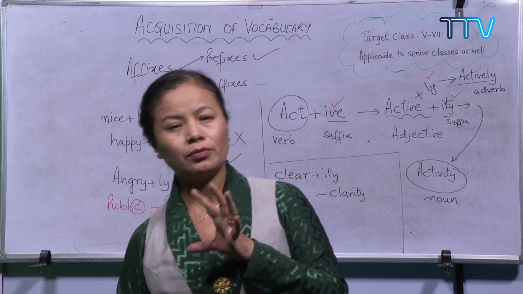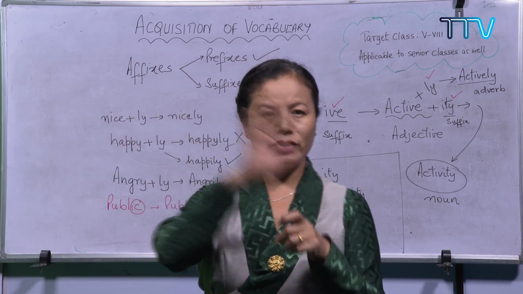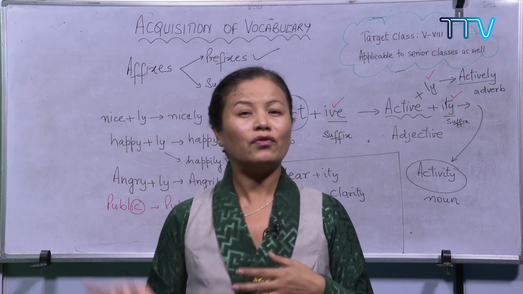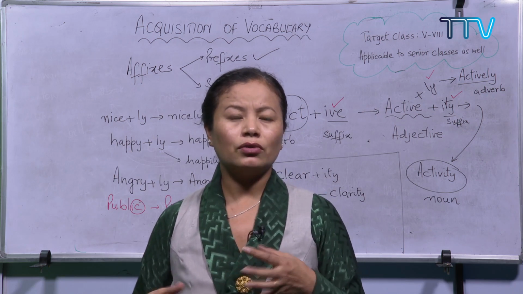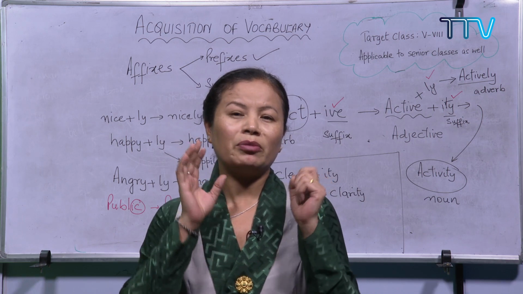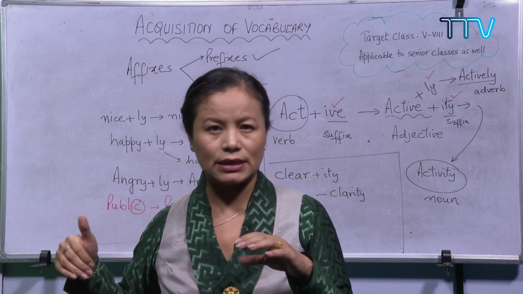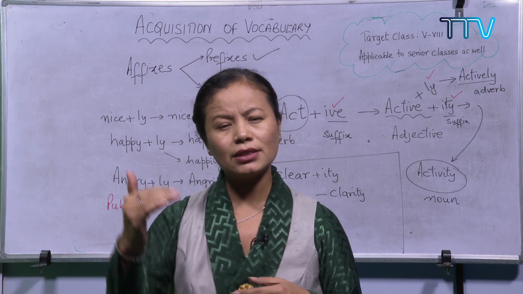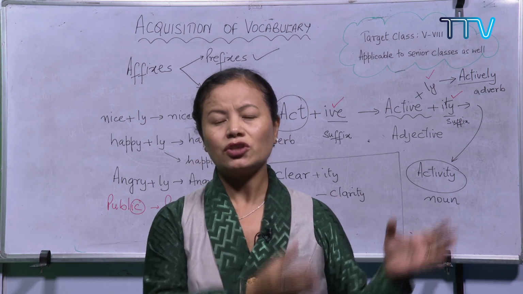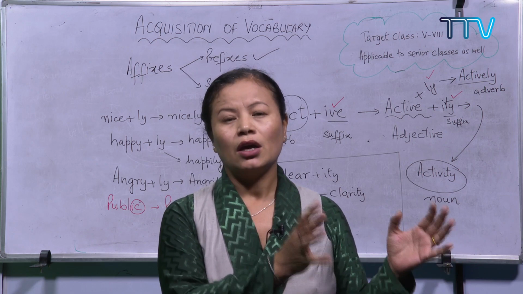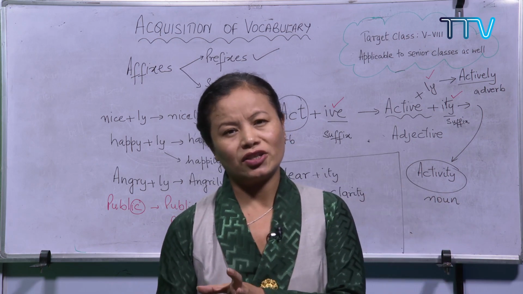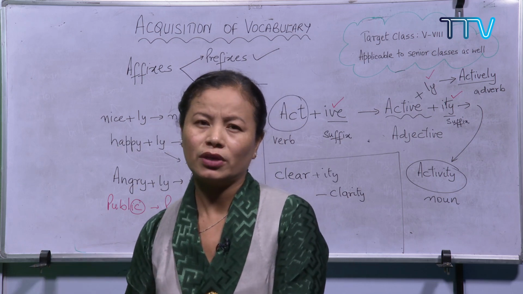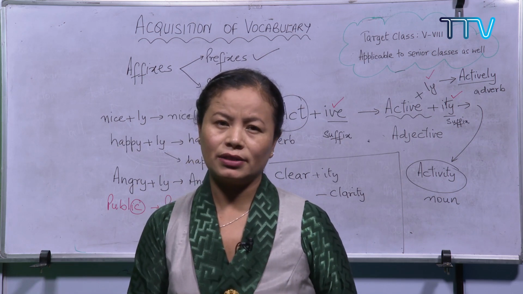So what you see is a verb can be converted into a noun, a noun can be converted into an adjective or adverb. Okay, so this is how you need to keep in mind that there are different suffixes. So you just need to recognize, if I happen to see this suffix attached to the end of a base word, that is an adjective or that is a verb, that is an adverb. Okay, you just keep that in mind.